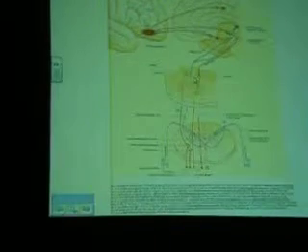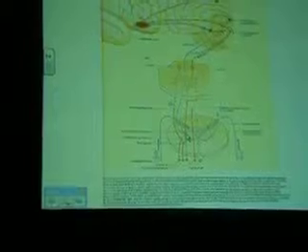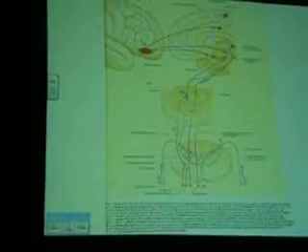Two areas are important there. There's the M center, the medial center, which will go down to supply the parasympathetic S2, 3, 4, the detrusor muscle. The L center will send down to the S2, 3, 4 motor Onuf's nucleus and tell it what to do.